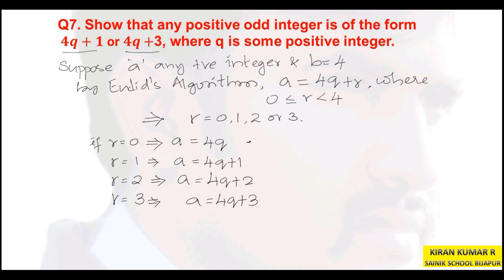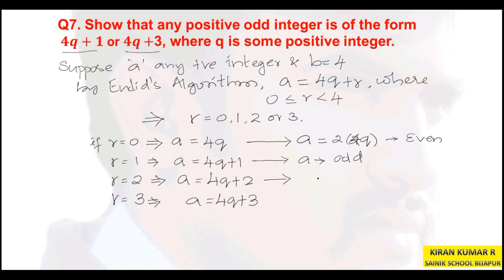Look at the first statement here, a is equal to 4q. It is nothing but a is equal to 2 times 2q. So it means that it is even. This a is equal to 4q plus 1, it is even plus 1. So a is odd.